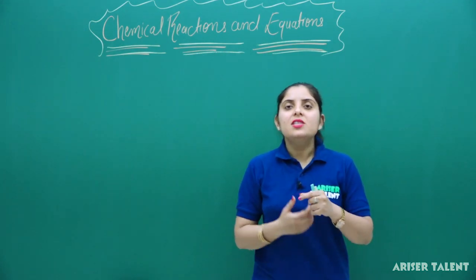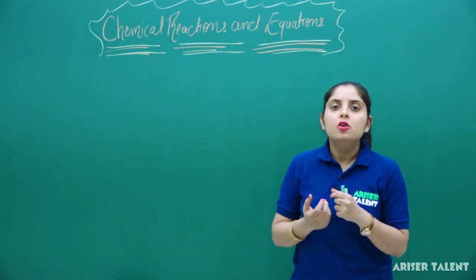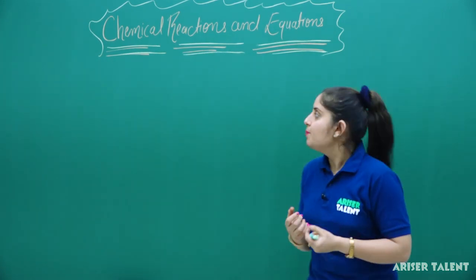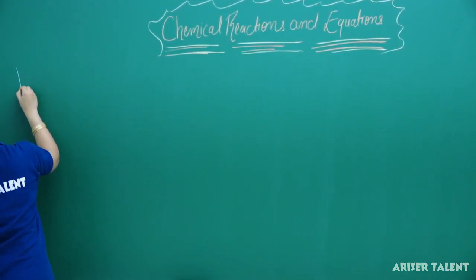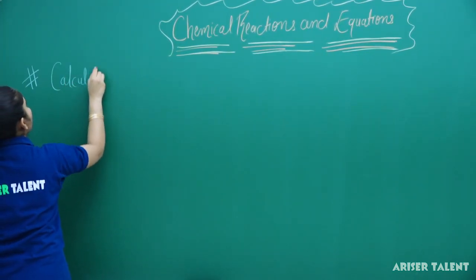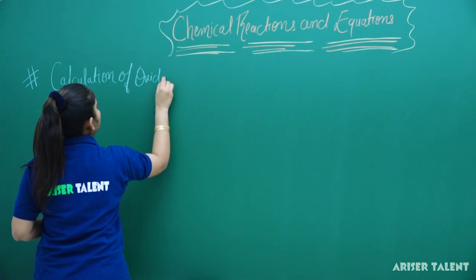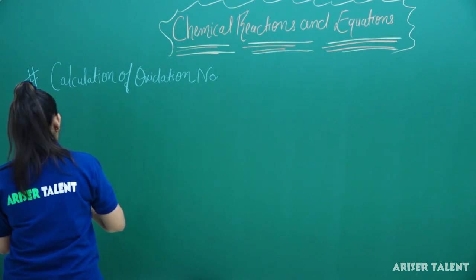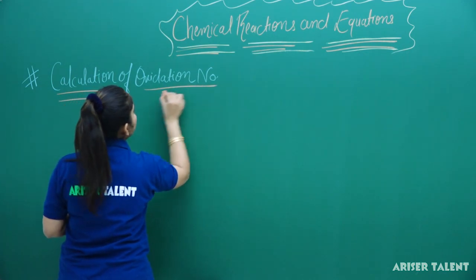Now we will apply these rules in today's lecture and try to find out the oxidation number of different elements. So our today's topic is calculation of the oxidation number.